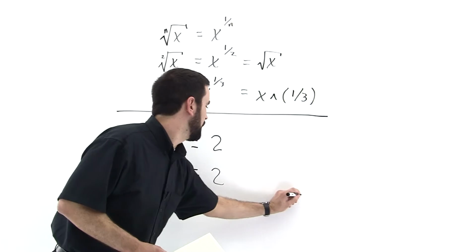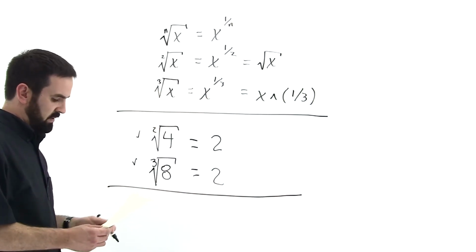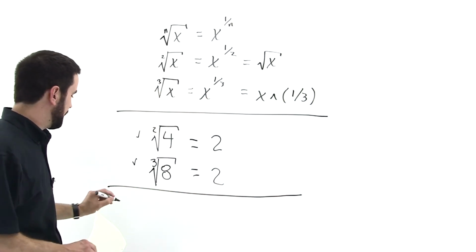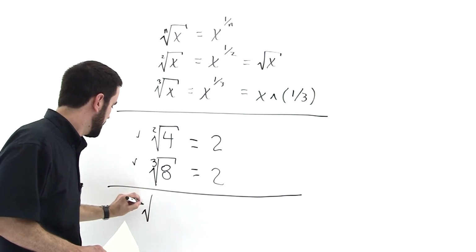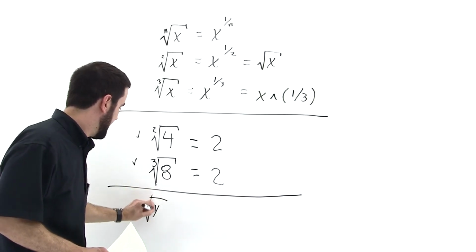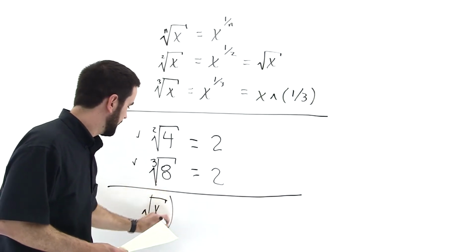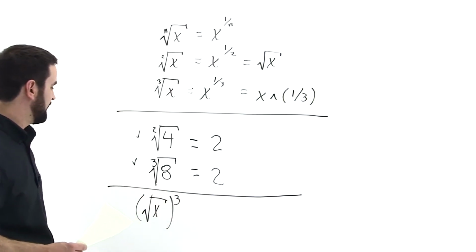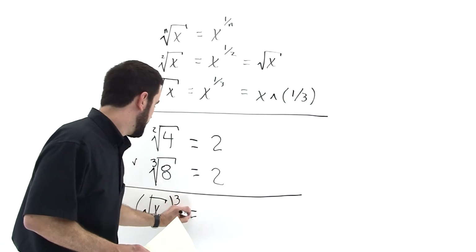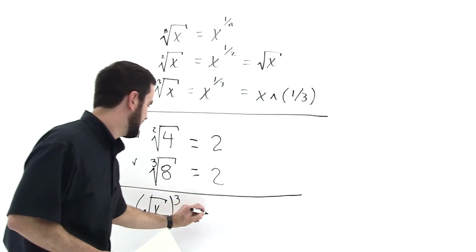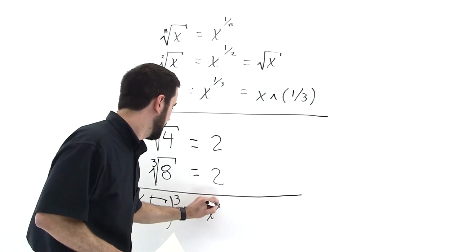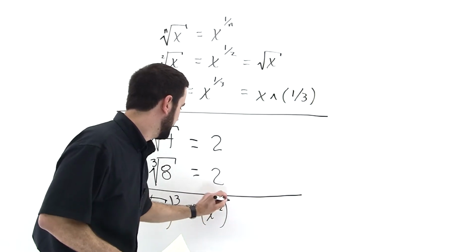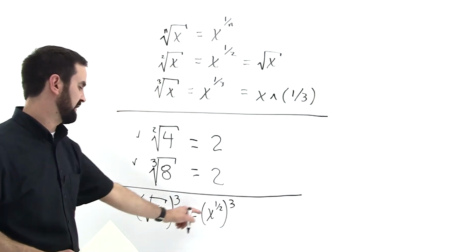Okay, so one last property to consider. If we have the square root of x raised to the 3rd power, then remember the square root of x can be written as x to the 1/2, so this is an equivalent expression.